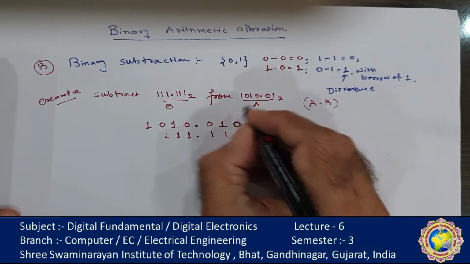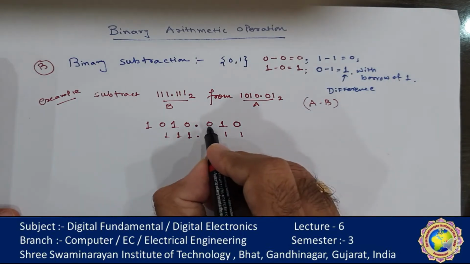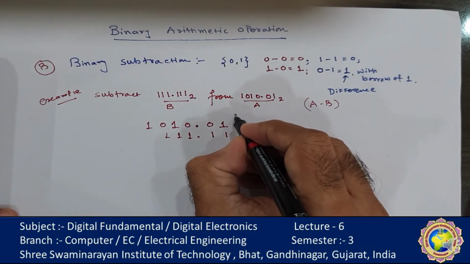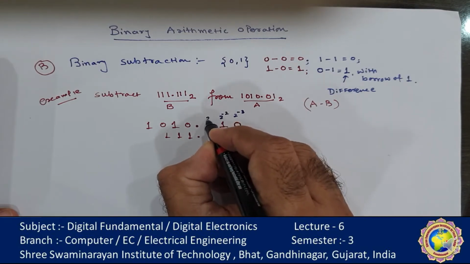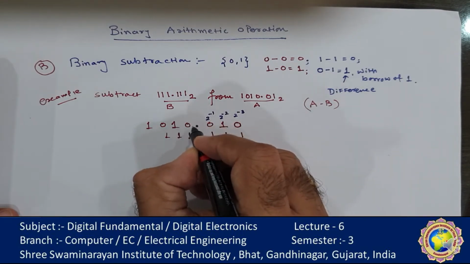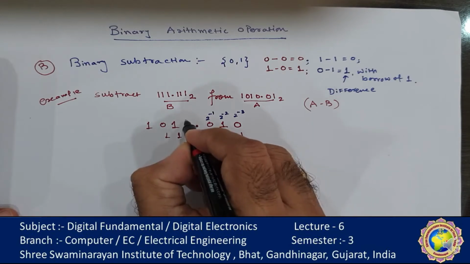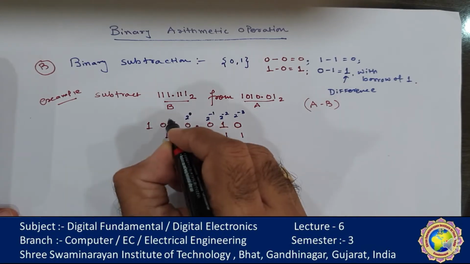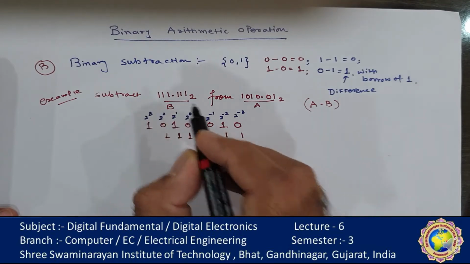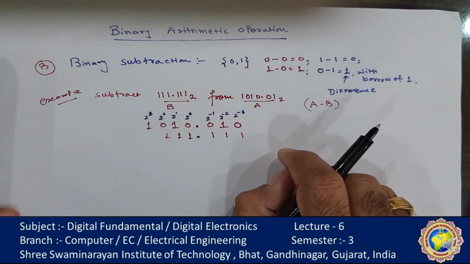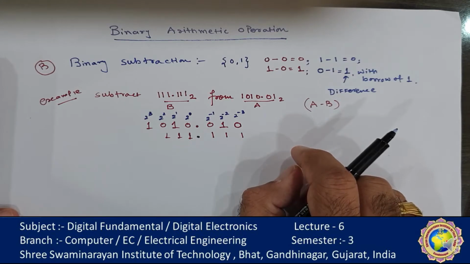And the weightage is, this is the first, second, third. So the third bit has weightage 2 raised to minus 3, then 2 raised to minus 2, 2 raised to minus 1. Before the decimal point, the weightages are 2 raised to 0, 2 raised to 1, 2 raised to 2, and 2 raised to 3. This is the weightage of each and every column.